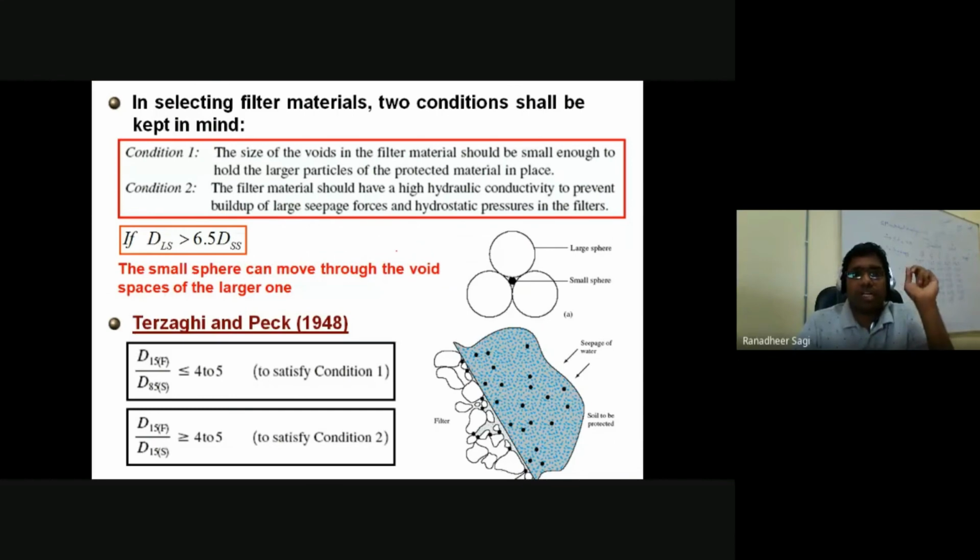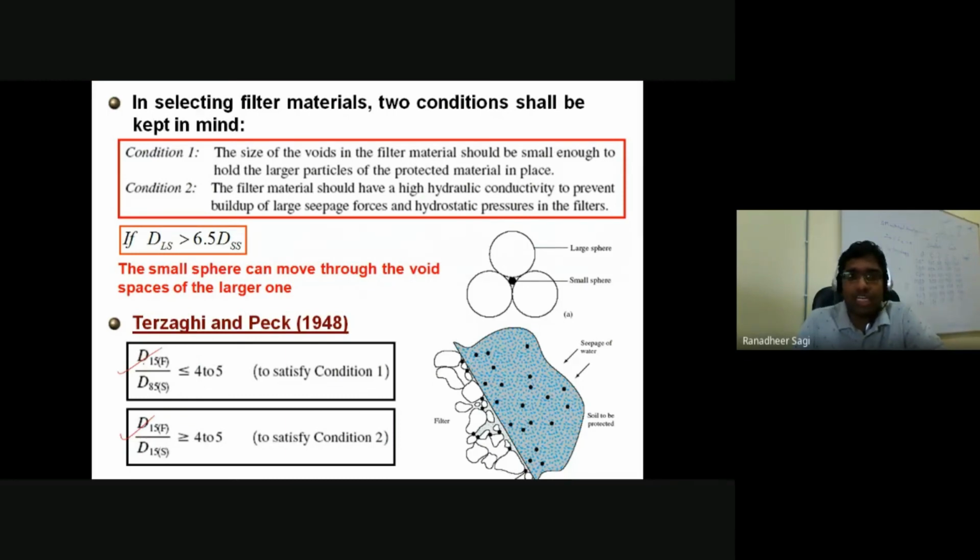Whenever you talk about the design of a filter, the filter you are providing should facilitate proper drainage through that filtration medium, and second, it should not allow the fine-grained particles to escape through the filtration medium. By satisfying these two criteria, you go on to design your filter material. According to Terzaghi and Peck, you can design your filter by satisfying these criteria.